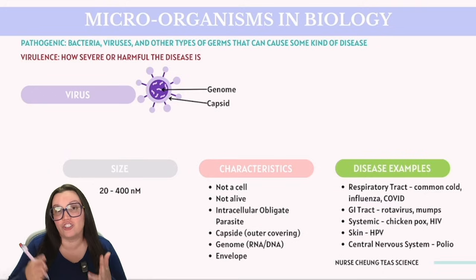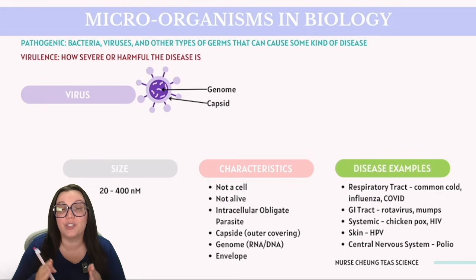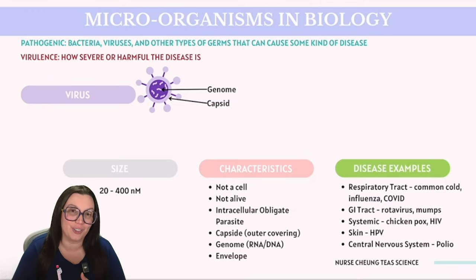Systemic infections like chickenpox and HIV can affect the entire body, and skin-specific viruses like we see with HPV can cause cervical warts, or even worse, cervical cancer, due to that cellular mutation induced by viral genetic material integration.